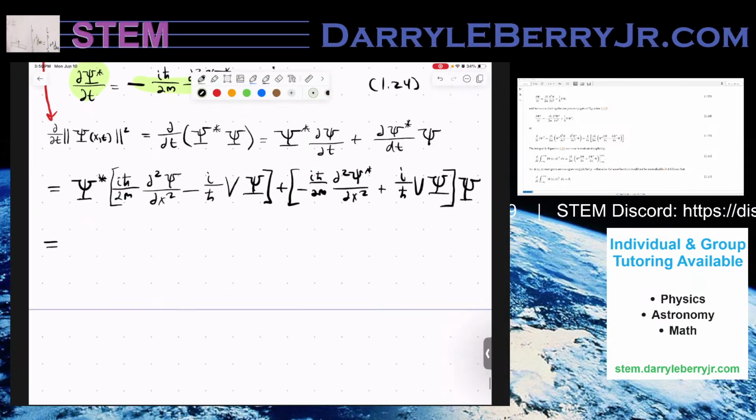Right? Why don't I just write it out? So we would have, if I was to distribute this across both of these, this would be i h bar over 2m, partial squared psi over partial x squared, psi star, minus i over h bar.